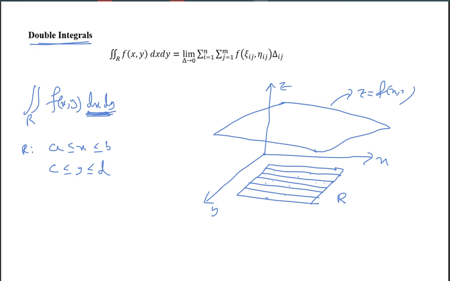We'll subdivide this interval into points x0, x1, x2 up to xn, and y0, y1, y2 up to yn. So we'll have very small rectangular regions, subdivided like this.